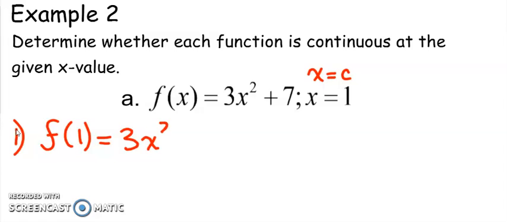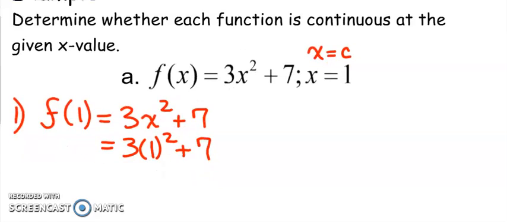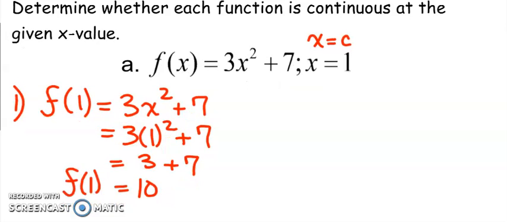If it exists, that means step 1 is satisfied and we move on to step 2. If step 1 is not satisfied, then we just stop. All right, so 1 squared is 1, and then 3 plus 7 is 10. So step 1 is satisfied. We have a numerical value. Cool, we're good. Let's go to step 2.